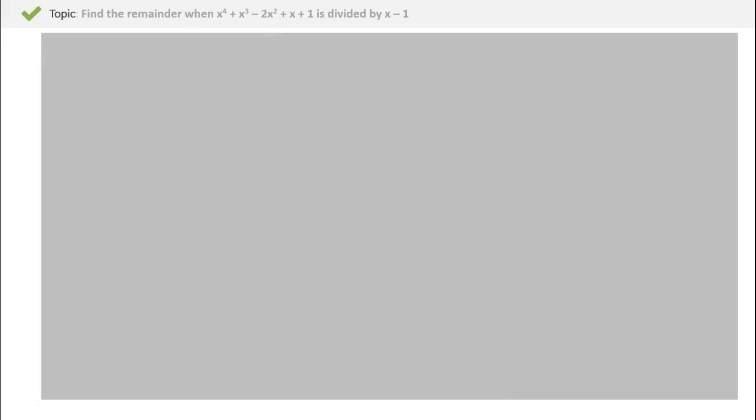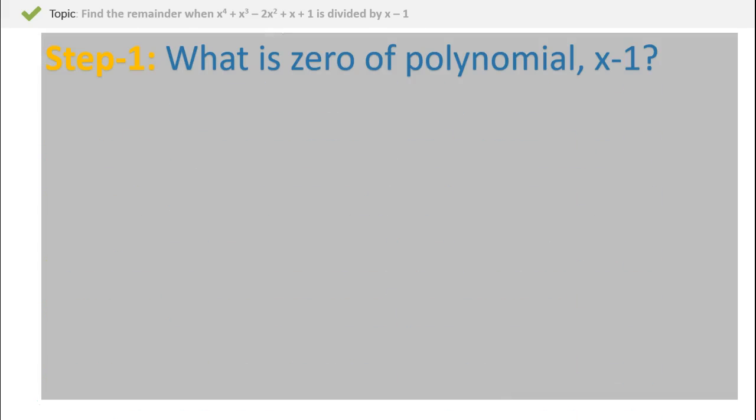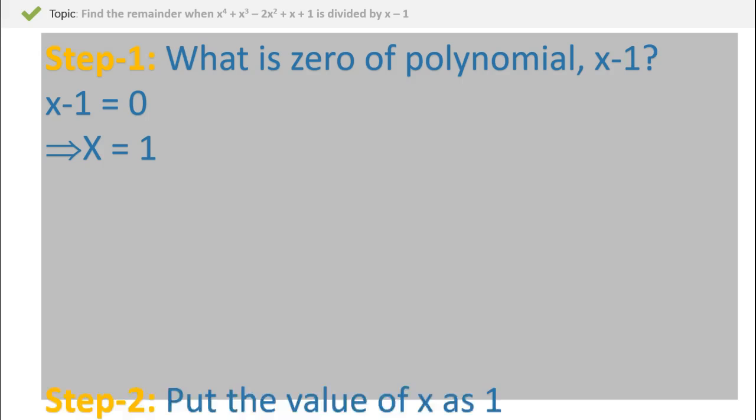So my step 1 would be, let's find out 0 of a polynomial which is your divisor. In this example, x minus 1 is divisor, so I'll try to find out 0 of x minus 1. So x minus 1 equal to 0, which implies x equal to 1.